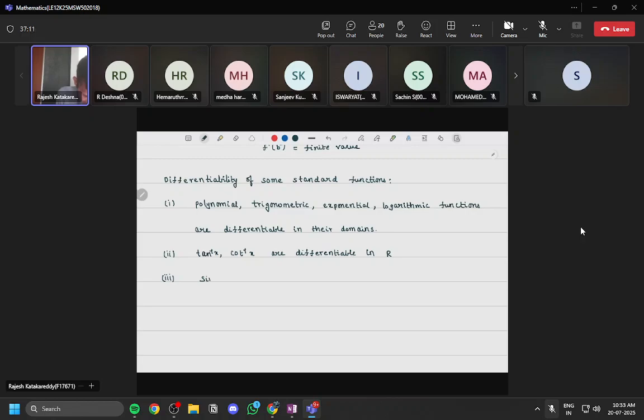Sin inverse x and cos inverse x are differentiable in the open interval -1 to +1. Secant inverse x and cosecant inverse x are differentiable in the open set, we need to write, -infinity to -1 union 1 to infinity.